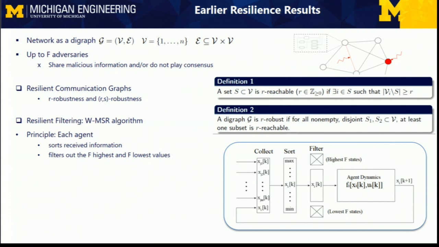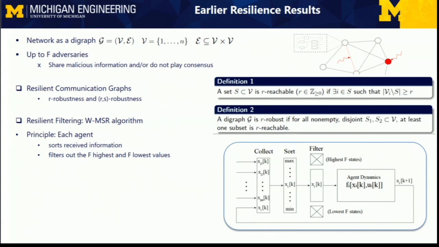And if you have a graph that is R-robust, then a way of achieving resilient consensus is to take into account the information that you have from your neighbors, sort it relative to your own state, and chunk out the outliers, the F highest and the F lowest values compared to your own state, and play consensus with this information.